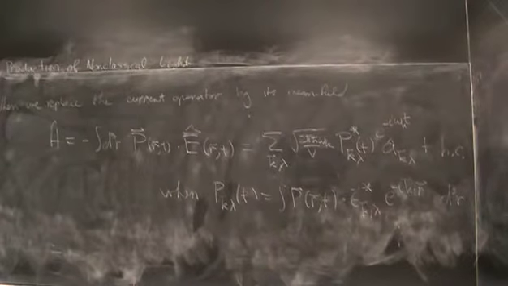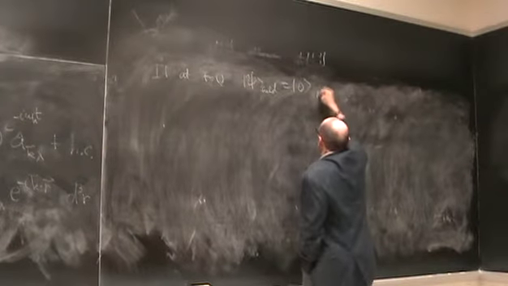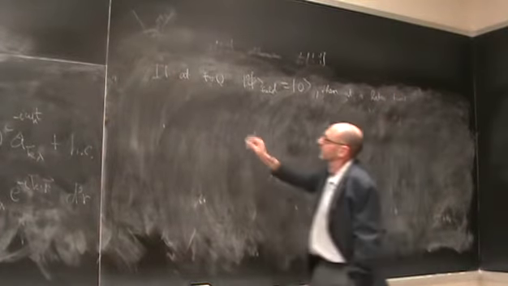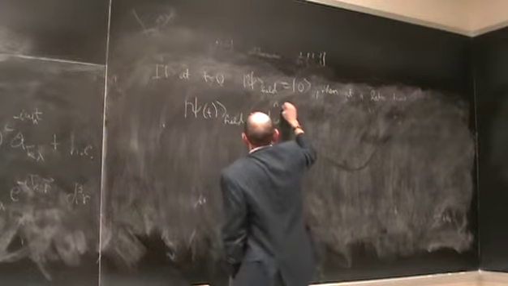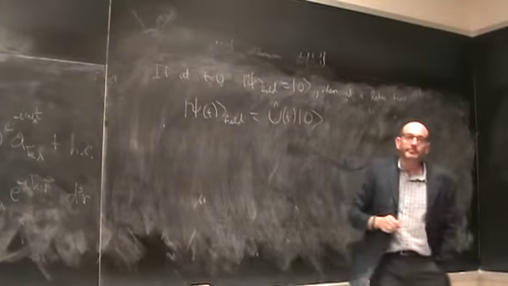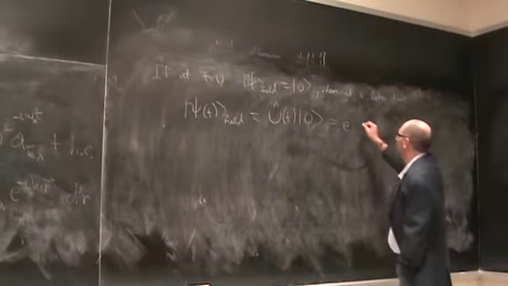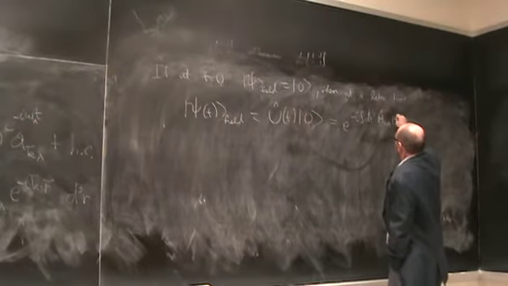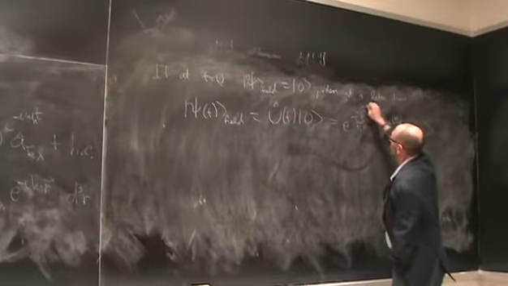So if at t equals 0, the state of the field is the vacuum, then at a later time the state of the field is the time evolution operator acting on the vacuum, which, because this commutes with itself at different times, I could just write as the integral of the interaction Hamiltonian in the interaction picture acting on the vacuum from 0 to t.